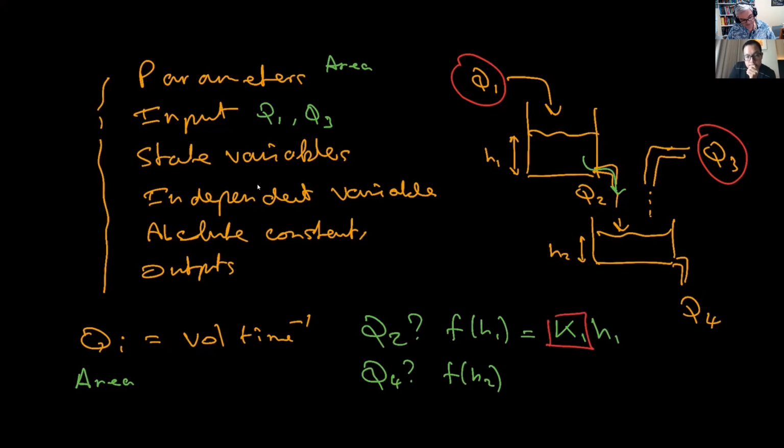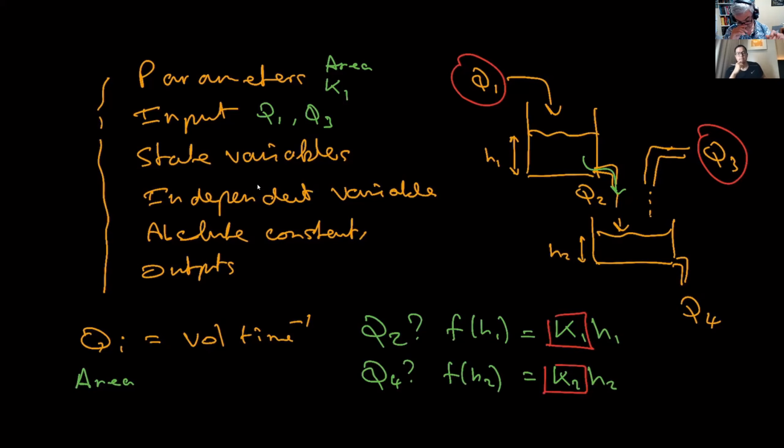Now, this constant K is also a parameter. There's also one attached to Q4 as well, but it's a different one, for h2. These are things I could probably change if I got a drill out and drilled a bigger hole in the outlet pipe, because presumably K is something to do with the size of the pipe coming out of the tank.